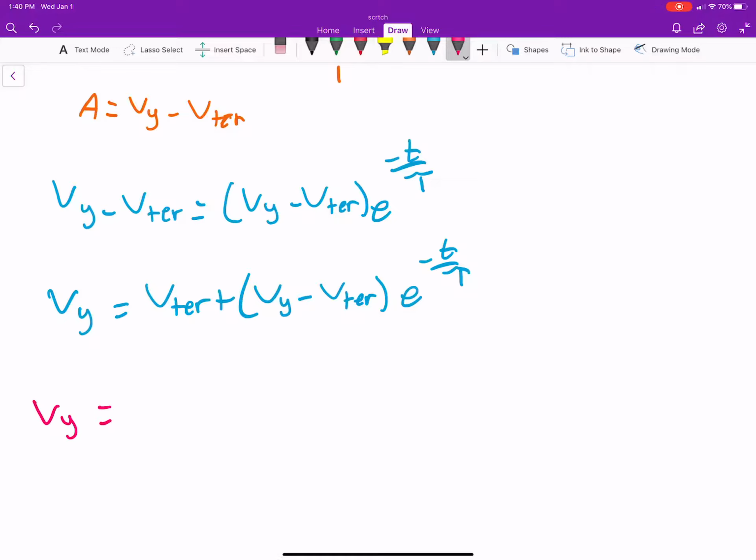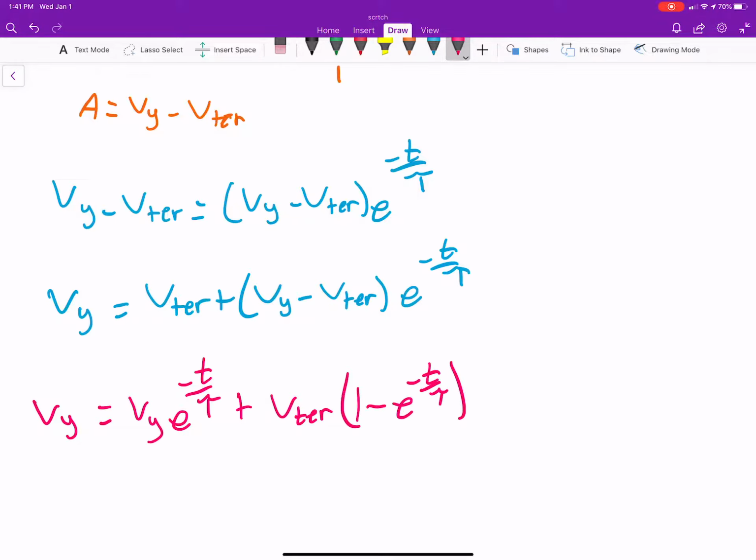Now I'm going to try to simplify this just a little bit. So we'll have Vy e to the minus t over tau plus V terminal. I'm going to factor the V terminal out from each of these, and you'll get 1 minus e to the minus t over tau.